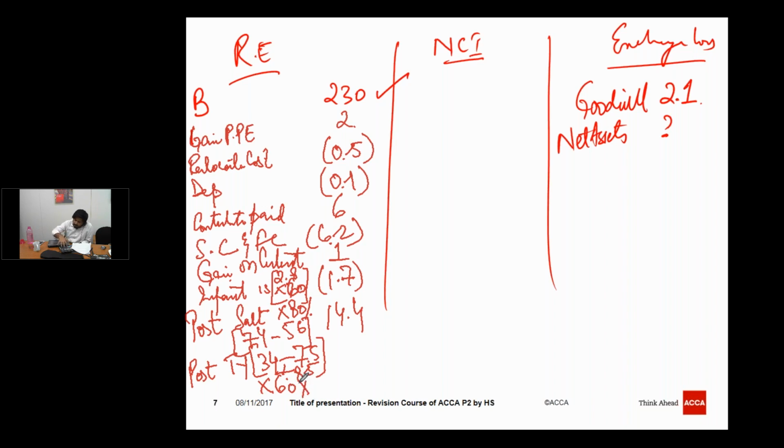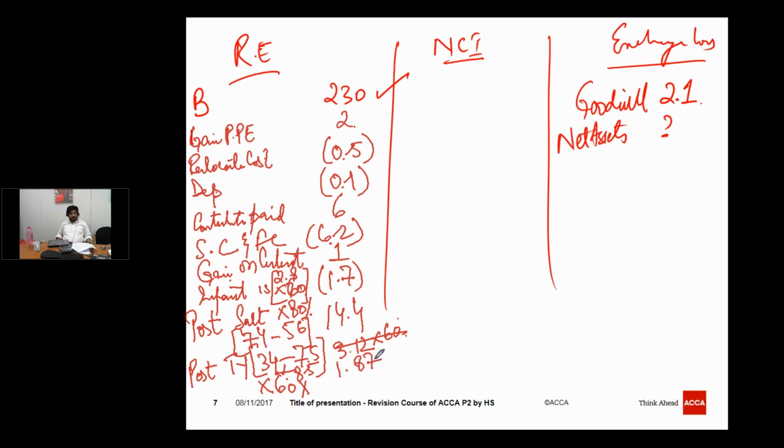So 34 minus 7.5, which is actually the loss on the monetary items, divided by 8.5, we got the value of 3.12. We have to take the 60% share of 3.12. The final amount is 1.87.